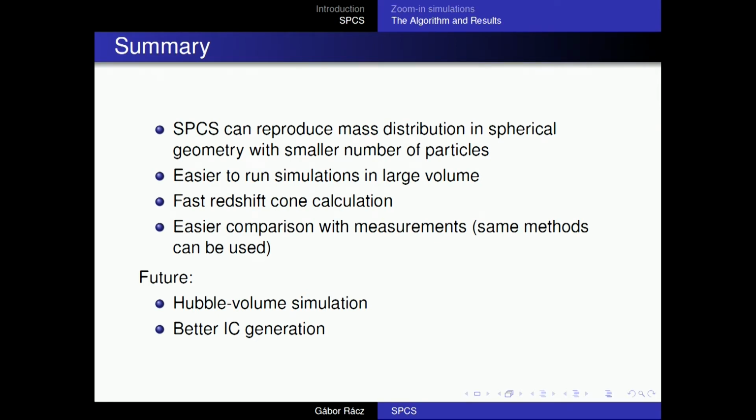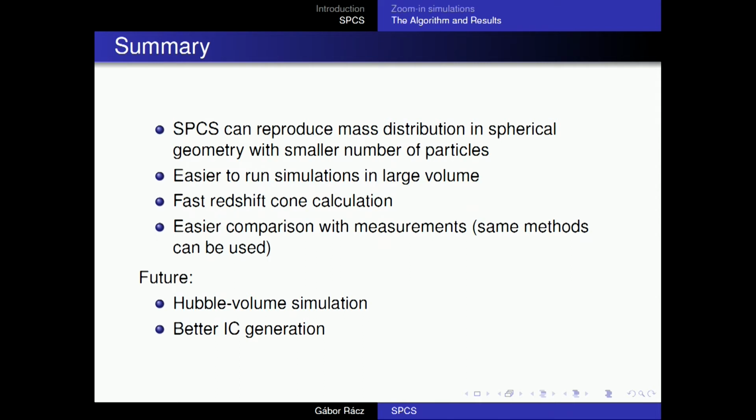So, summary: with this algorithm we can reproduce a mass distribution in a spherical geometry with a smaller number of particles, and it is easier to run simulations in larger volumes because of the compactification. And I didn't mention it, but we can quickly calculate redshift cones with this simulation, and it eases the comparison with measurements.